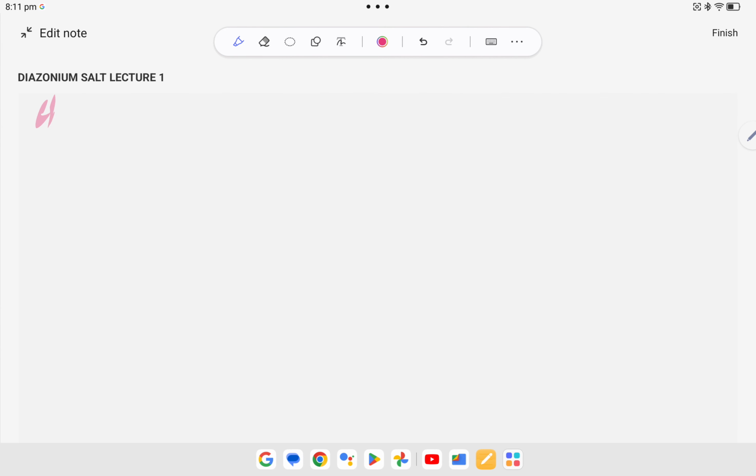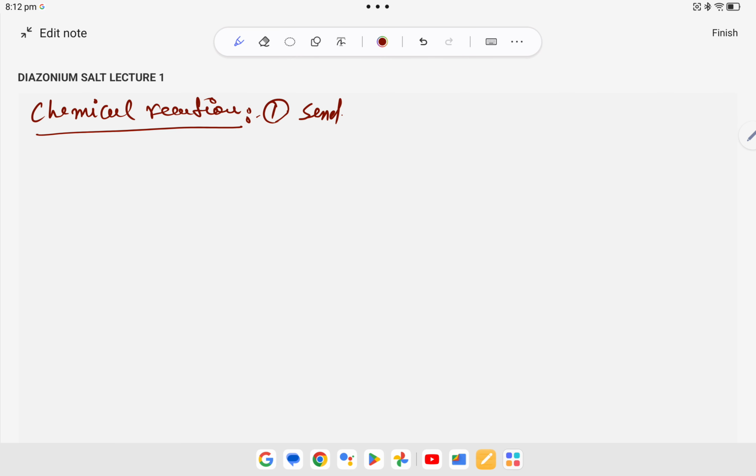The first one is the Sandmeyer reaction, and the second is the Gattermann reaction. Both reactions we will discuss.